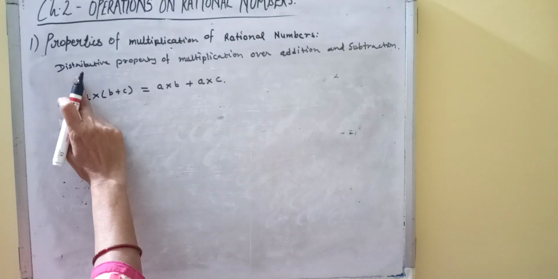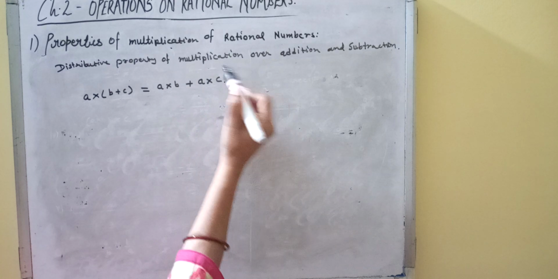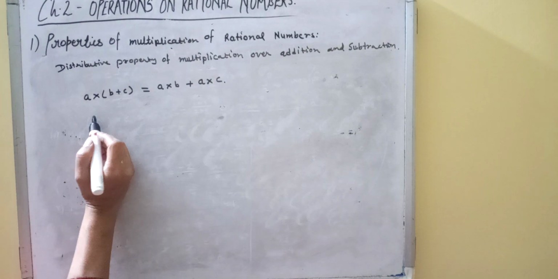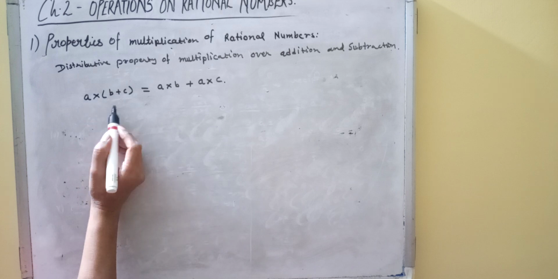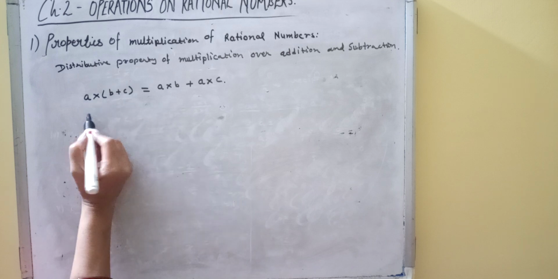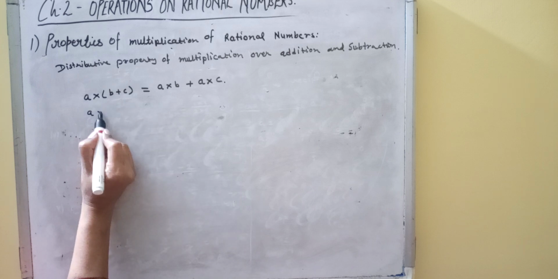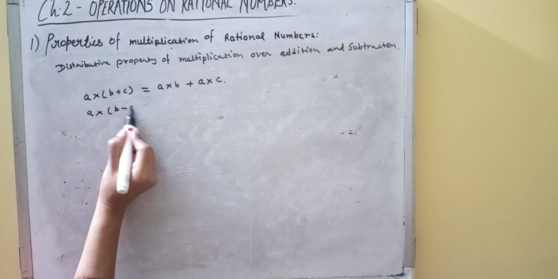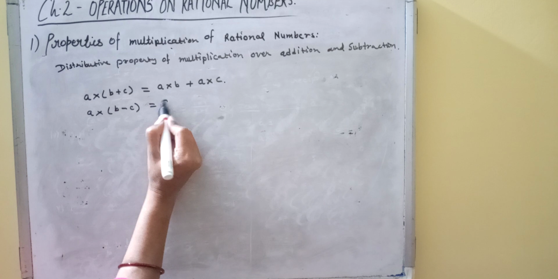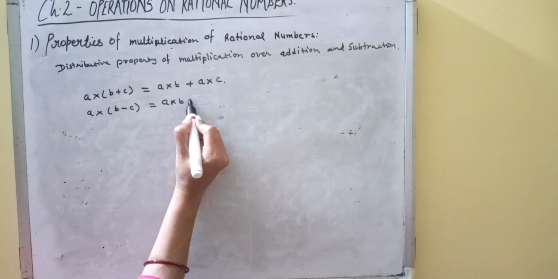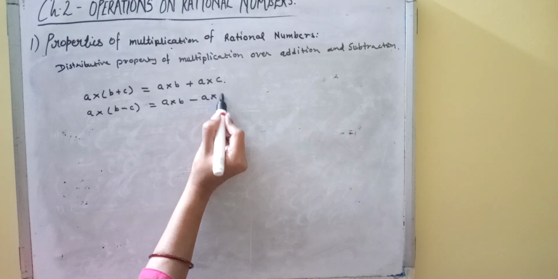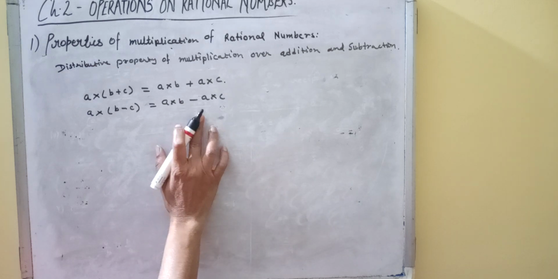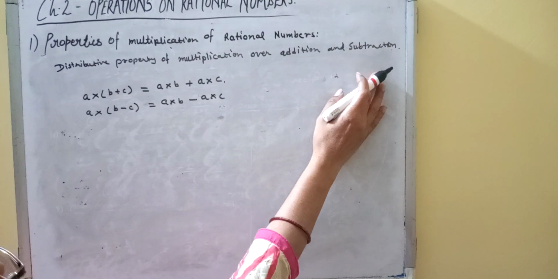Now the next is the distributive property of multiplication over subtraction. Here also we take three rational numbers a, b and c, and then a into (b minus c) equals a into b minus a into c. This is the distributive property of multiplication over subtraction.